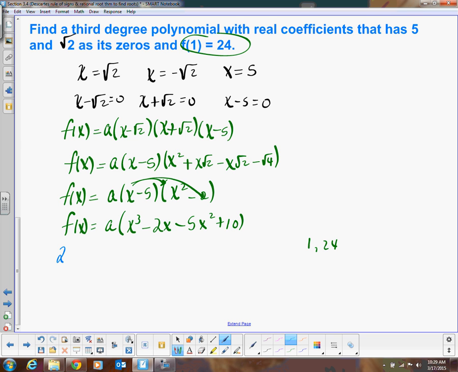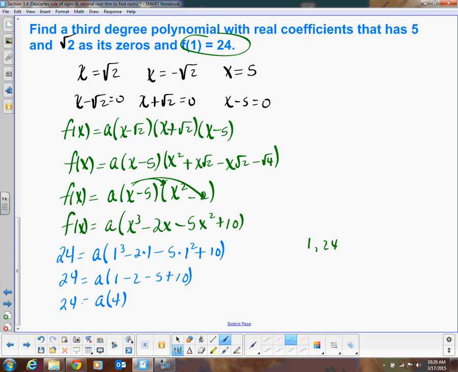So I'm going to say 24 is equal to a times 1 cubed minus 2 times 1, minus 5 times 1 squared plus 10. 24 is equal to a times 1 minus 2 minus 5 plus 10. So we're going to have negative 1, negative 6, so that's going to be 4. So a is going to equal 6.